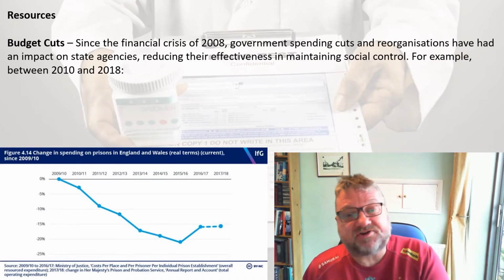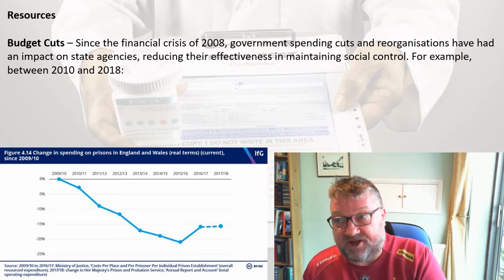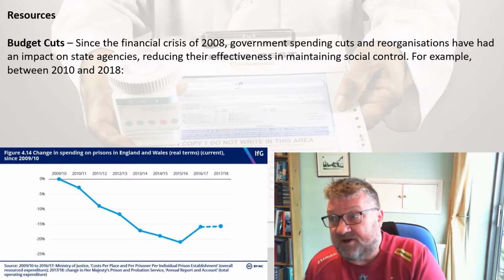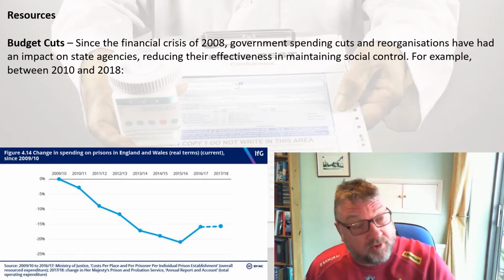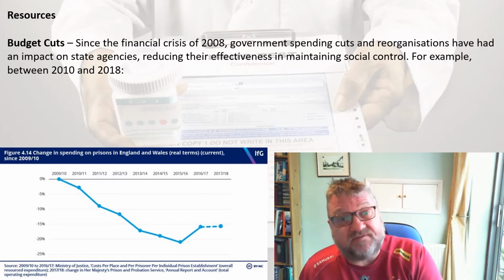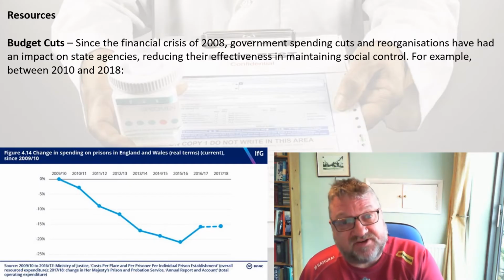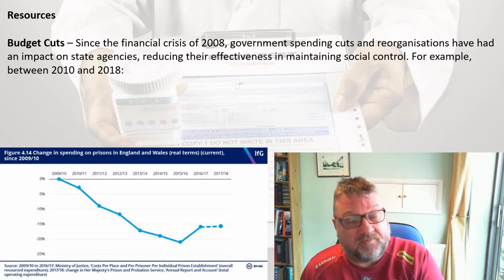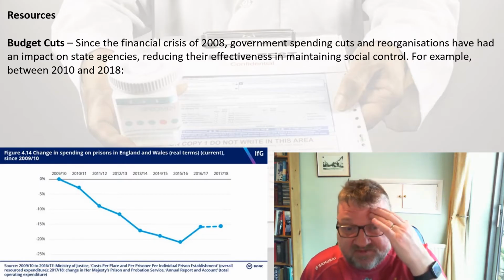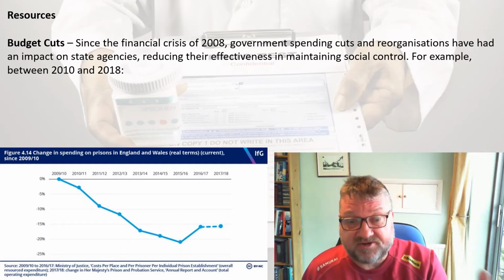And we can illustrate that by looking at budget cuts. So since the financial crisis of 2008, government spending cuts and reorganisations have had a huge impact on state agencies. And it's definitely reduced their effectiveness in maintaining social control. Now, it's really important for the exam that you have some examples and some stats that you can quote to back up any evaluation you're making.